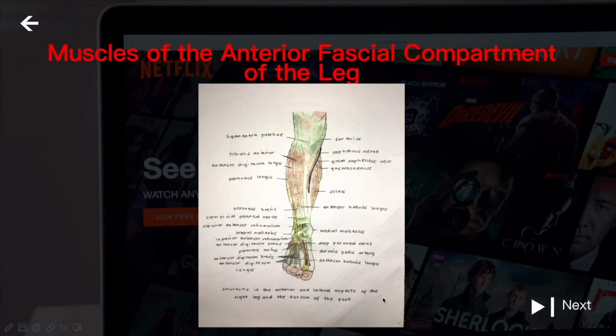This is an illustration of the structure in the anterior fascial compartment of the leg, which includes nerves and arteries.